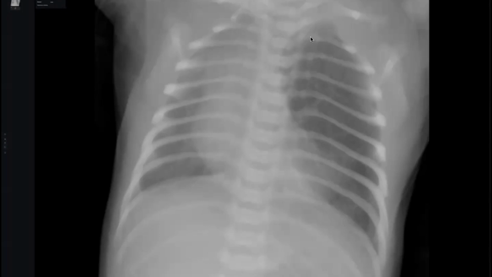Okay, so what happened here? Hyperinflation, air trapping. Okay, give me a differential diagnosis according to the age. The second is congenital lobar emphysema also.